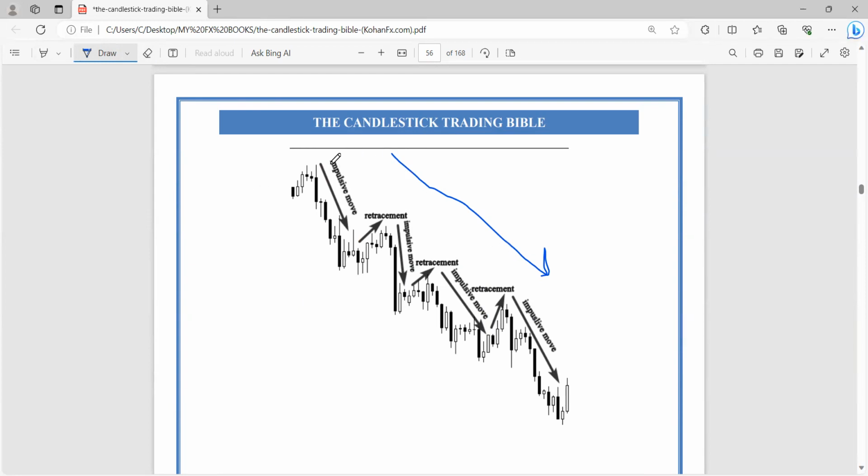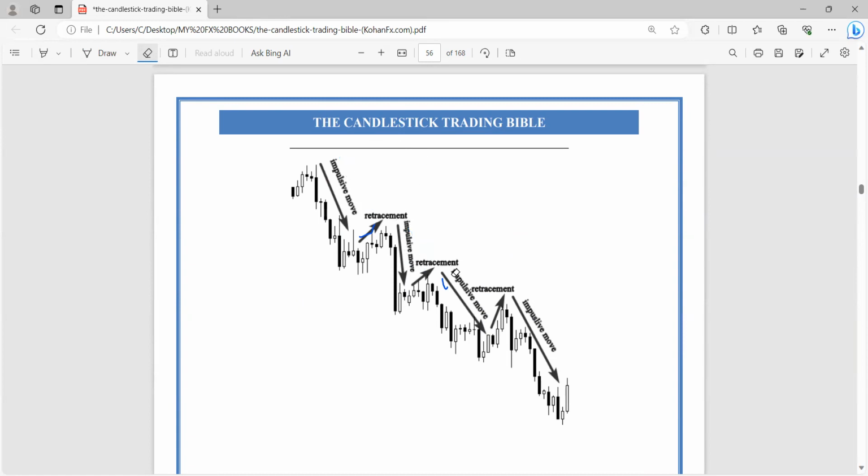So like this move here, this other one there, and that one. Then in between we have this minor retracement. And those are also important, as you will see when we're looking at support and resistance.